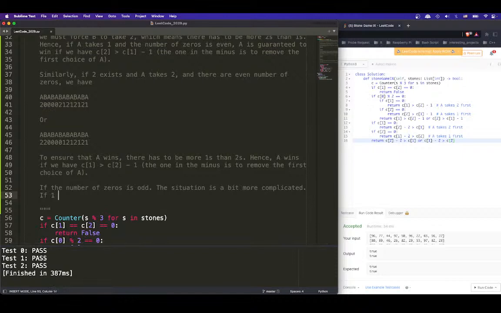If 1 exists and A takes 1, we have, actually it's the same. We also have two scenarios, right?